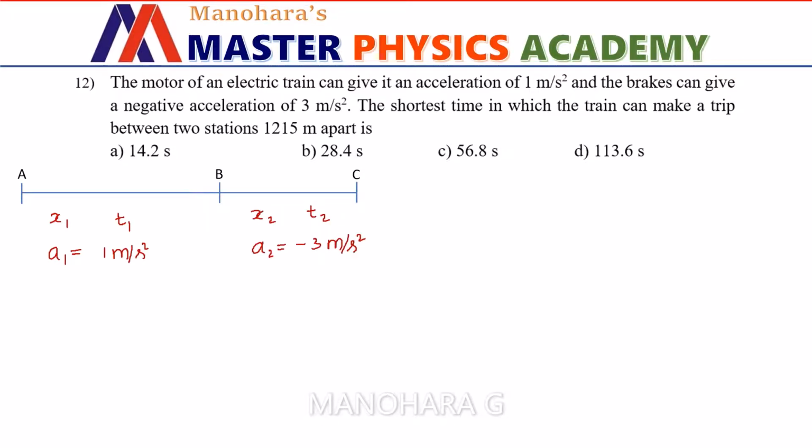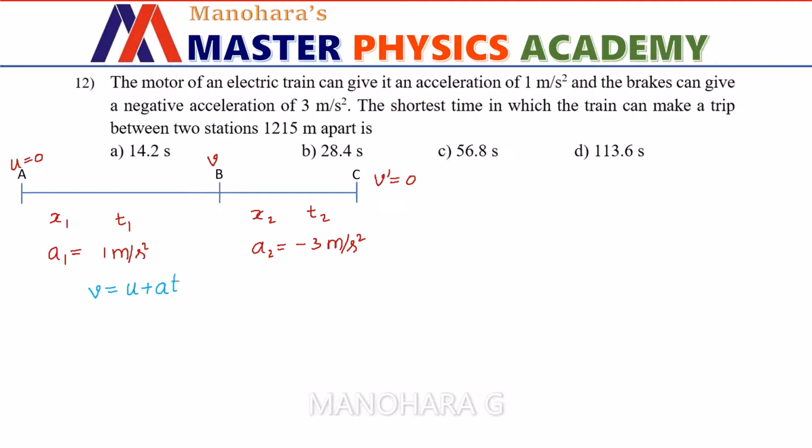The speed of the train at A is 0 meter per second and speed of the train at C is also 0 meter per second. Let the speed of the train at position B be v. We have the general equation of motion v is equal to u plus at.